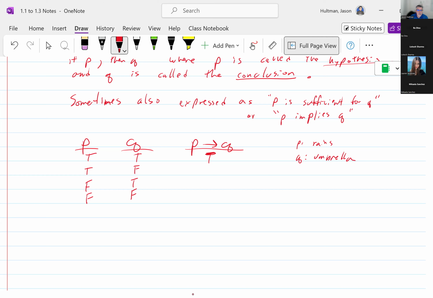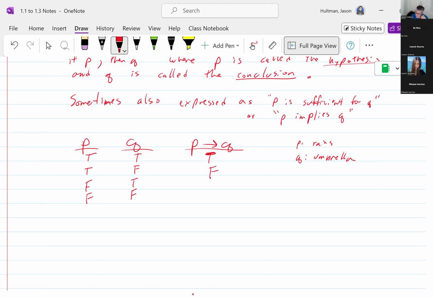So what happens if that proposition is false? Well, then it breaks the logic. The logic is broken. Then P implies Q is not true.